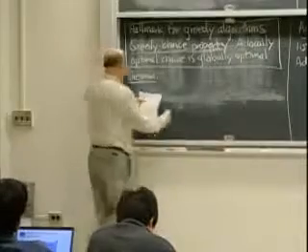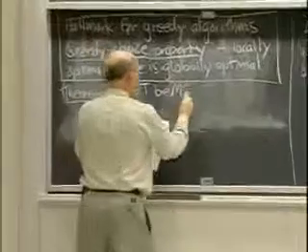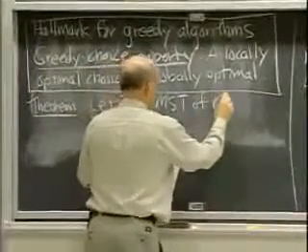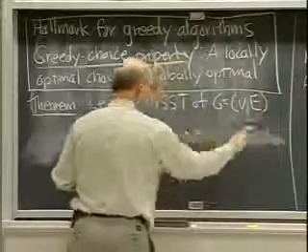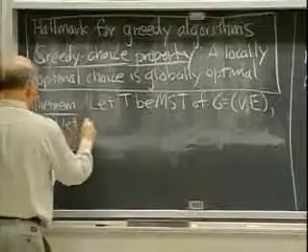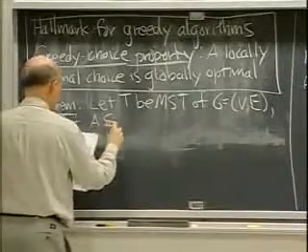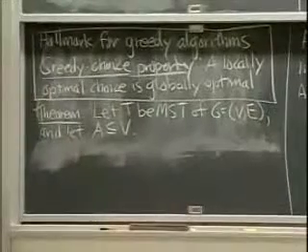So here's the theorem. Let T be the MST of our graph. And let A be any subset of V, so some subset of vertices.